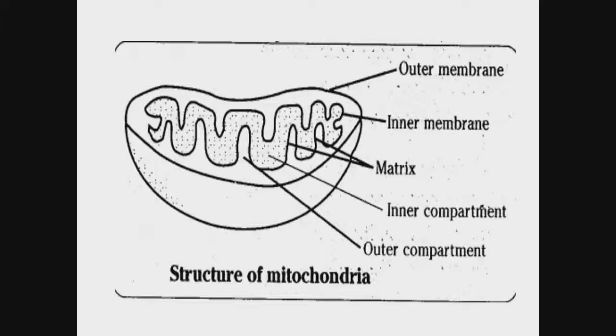It also contains the outer compartment, as you can see where the labeling is. In the inner compartment, you also have a large space which is called the matrix. In the matrix, this is where respiration takes place, especially the Krebs cycle of aerobic respiration.